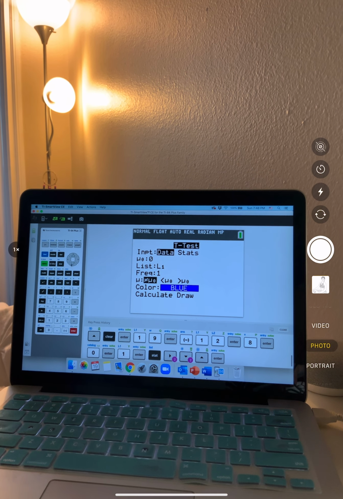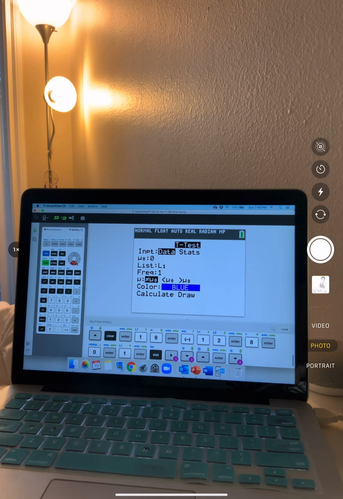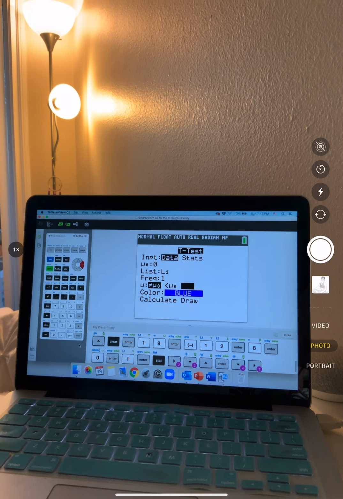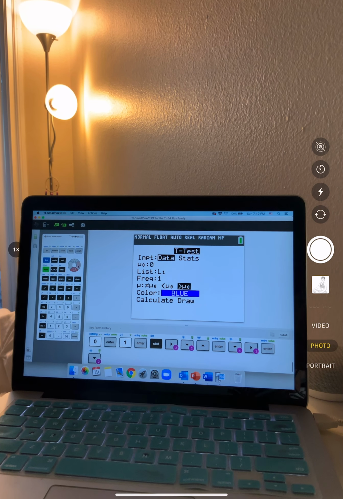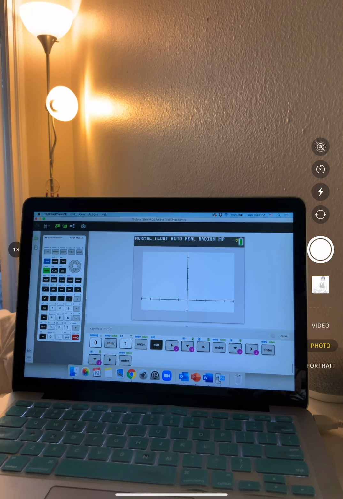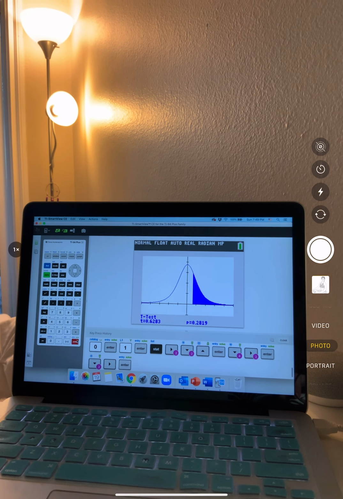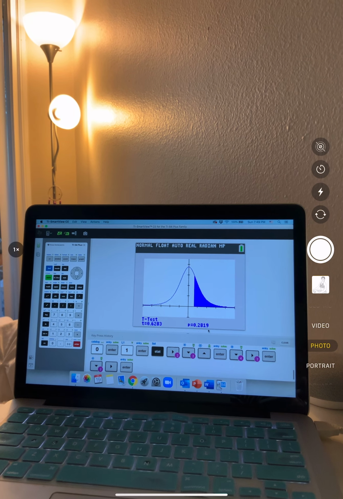We put it at 1, frequency 1. We had a greater than 0, so greater than right tail. Okay, and then calculate or draw, up to you. I like having the visuals, so I'll go ahead and then use the draw option. Here's your t value, here's your p value.